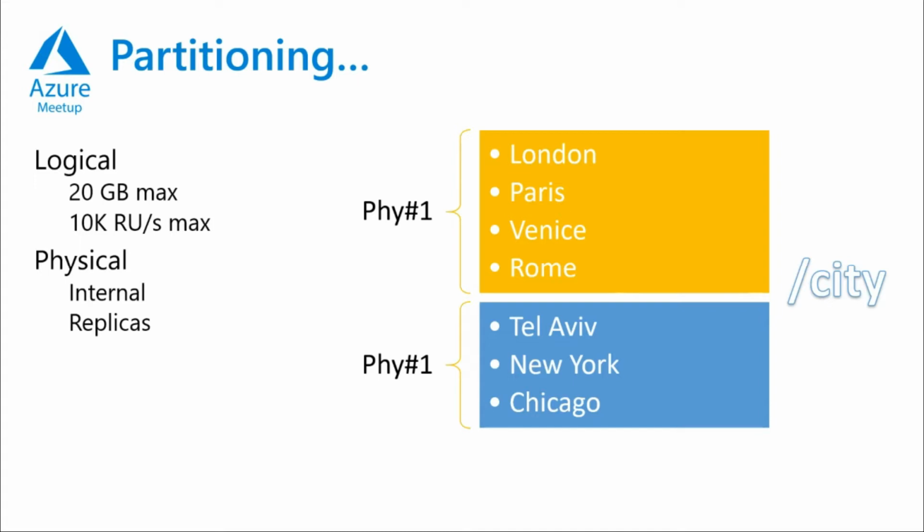Now, it does mean that you have to take into account, okay, what's the impact of this? What is actually going to happen here? What happens if I have more than 20 GB of orders to London? The answer is that you're going to start to get failures. A partition is unbreakable.